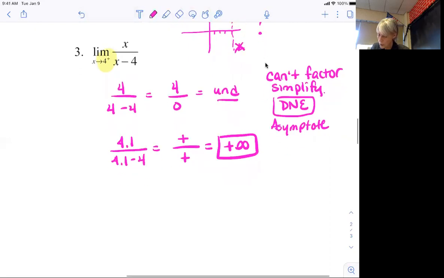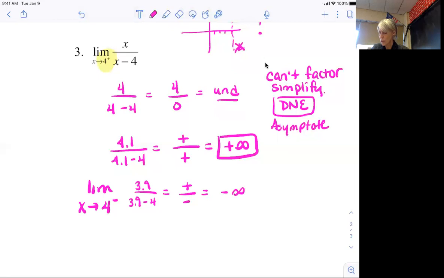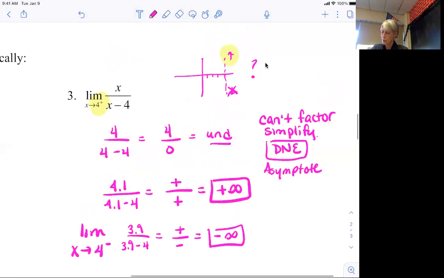While we're here, let's do the limit as x goes to 4 from the left and see what we get. So the limit as x approaches 4 from the left. Now we take a number a little bit smaller than 4, 3.9. 3.9 minus 4 is a negative number, so we have a positive number over a negative number. So from the left, I'm going to negative infinity.